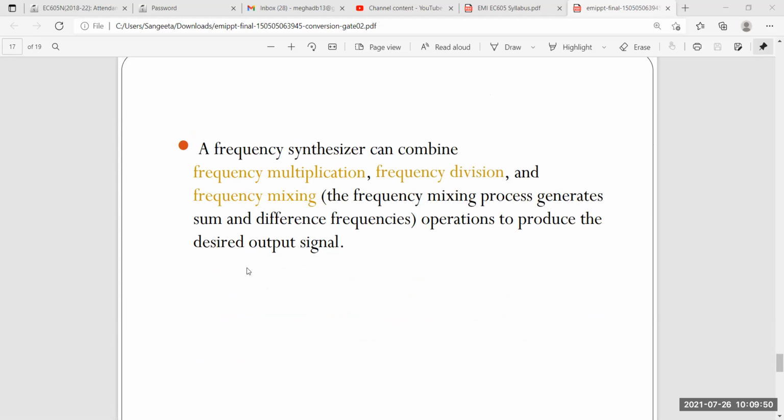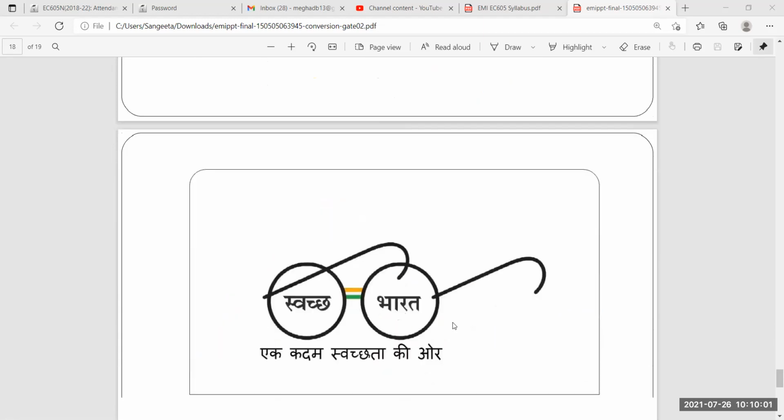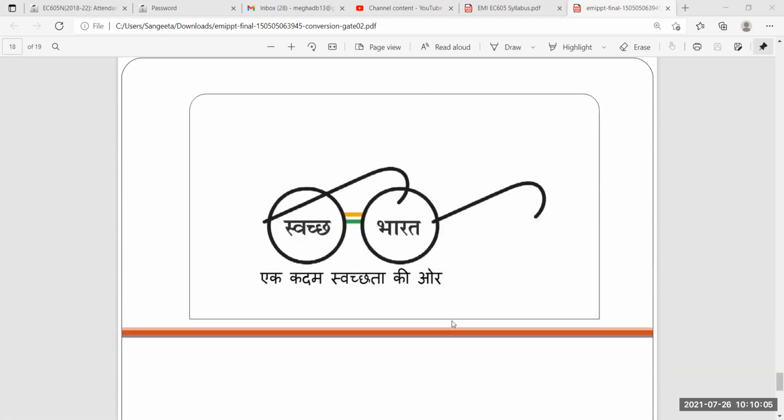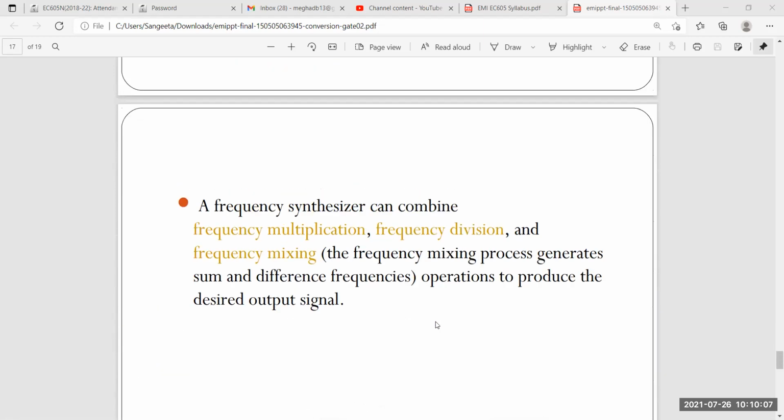Here they have again written what mixing is. It's a process that generates sum and difference frequencies to produce the desired output signal. Okay, so this is everything about frequency synthesizer.